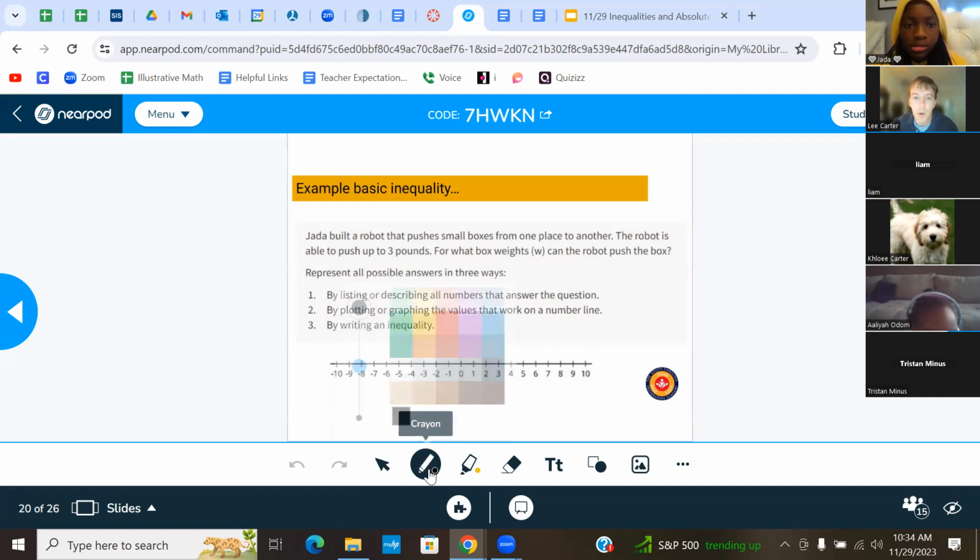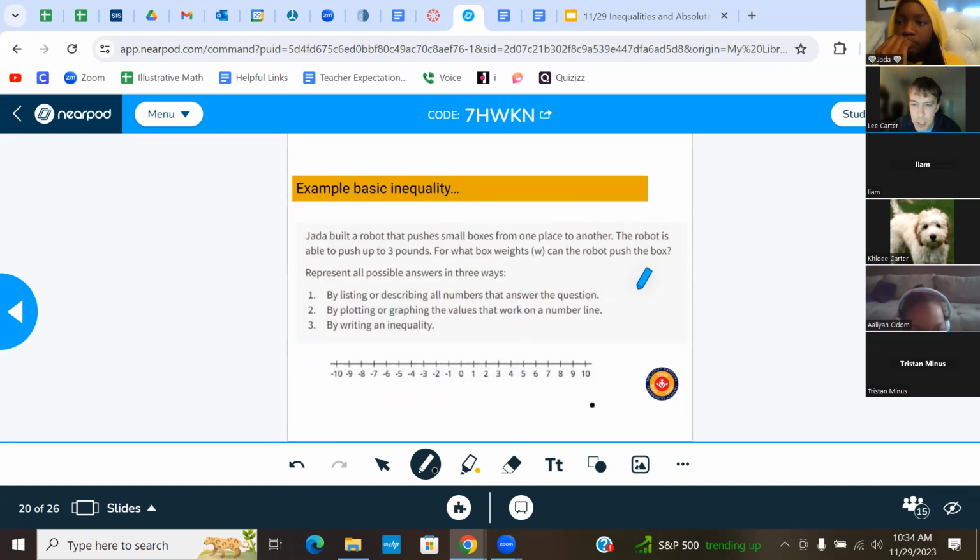Okay. So what we got here is the robot can push up to 3 pounds. Well, can the robot push 2 pounds? Yes. Can it push 1 pound? Yeah. Could it theoretically push 0 pounds? I mean, sure. But something that's above 0 and less than 3, right? But it says up to 3 pounds.